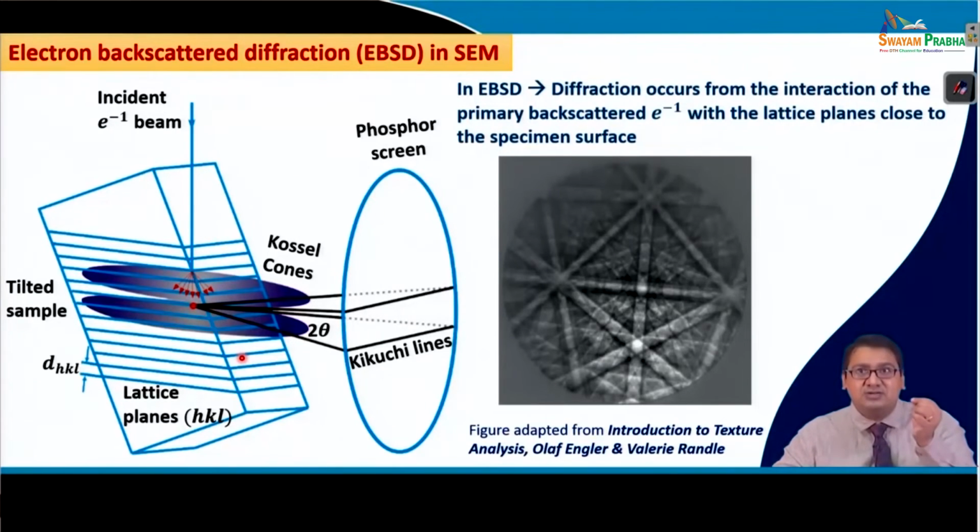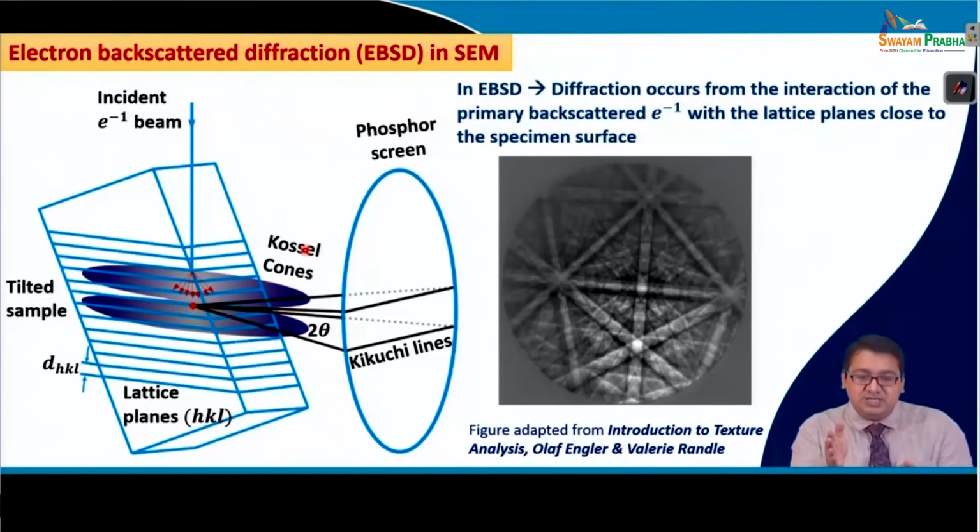Each of these inelastically scattered electrons finally diffracts to form a locus of a cone, right, same as the one which we observed in the TEM, but in this case for a different geometry. And this locus of the cone for a certain HKL plane can be observed in a phosphor screen which is not present below the incident beam, but present at 90 degrees away from the electron beam.